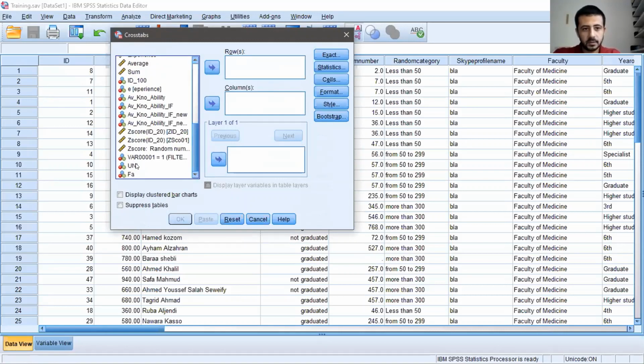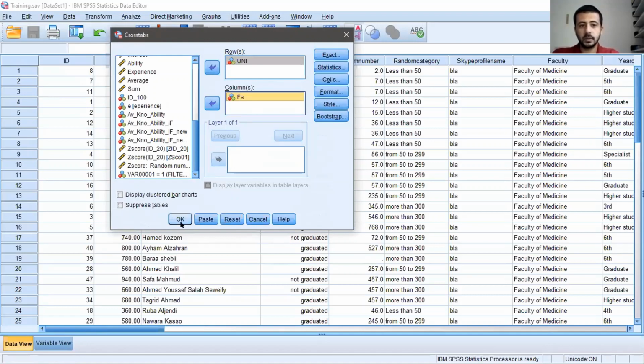We will take the uni to the rows. You can't put 2 variables in the rows and press OK because it won't be activated. Now I took the uni and the faculty, and those are the variables where I just divided them into 2 groups.